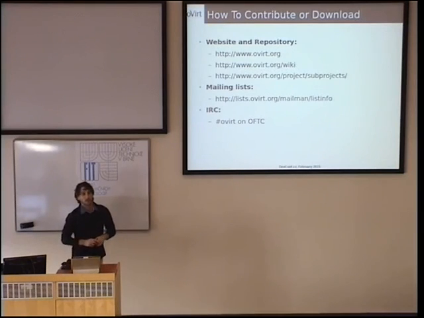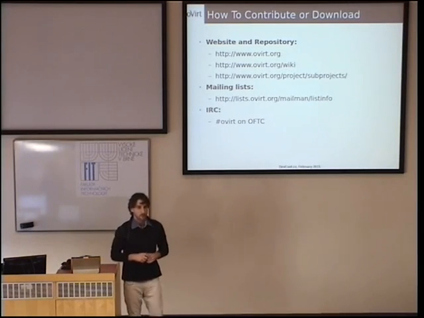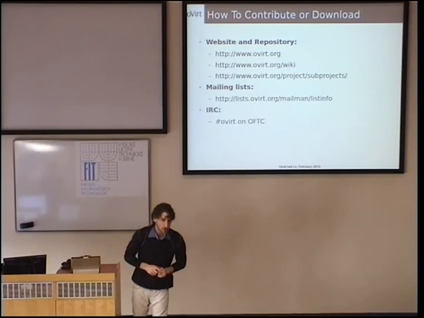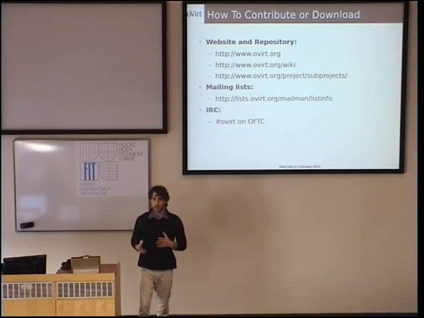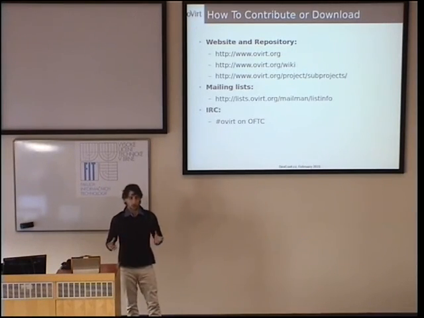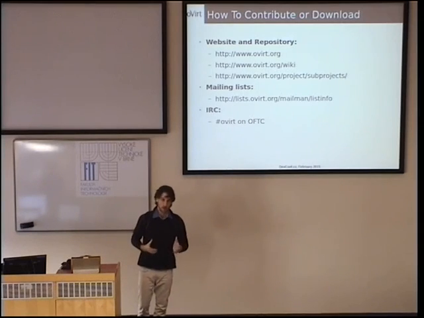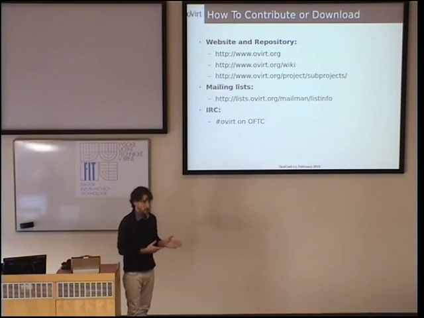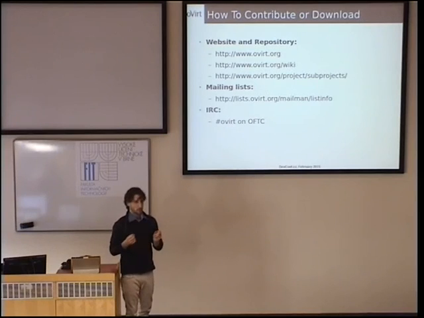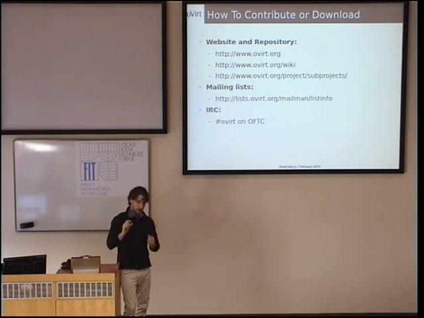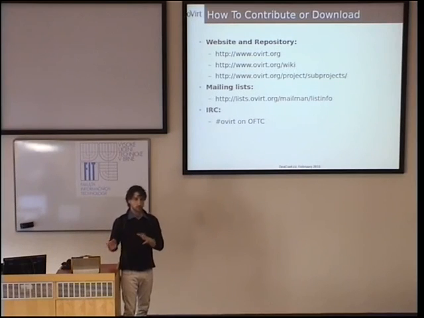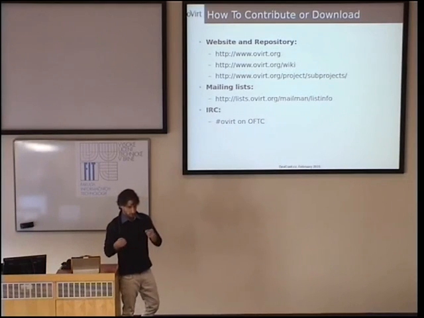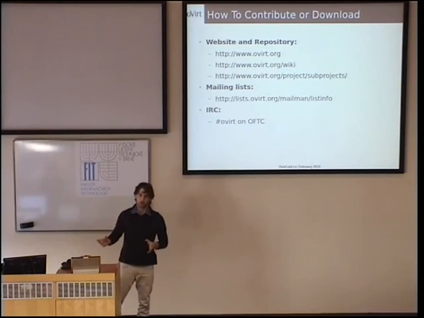Okay, so, yes. What about VLAN support? VLAN support? Yes. In oVirt, you can define all sorts of configuration for your network. I don't have the screens for that, but it's really easy. You click on the OS and you define the correlation between the physical NIC and the virtual network that you describe.